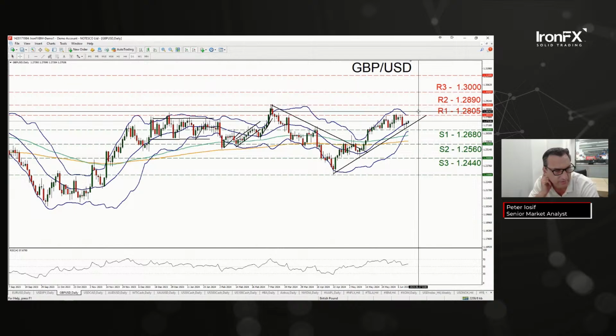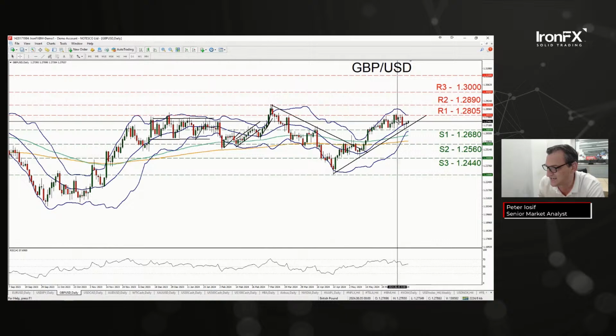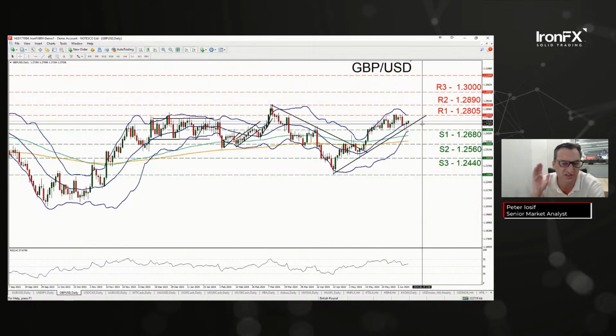On the other hand, should the bears take over, which is a possibility should the Fed sound more hawkish than what the market expects later today, then we may see the price action of cable dropping, breaching the upward trend line. That would be the first signal that the upward movement of the pair has been interrupted. And it would also be a signal to abandon the bullish outlook.